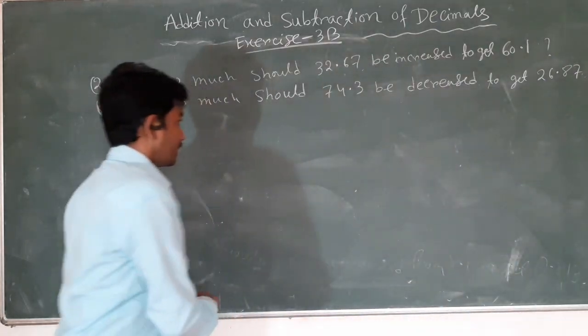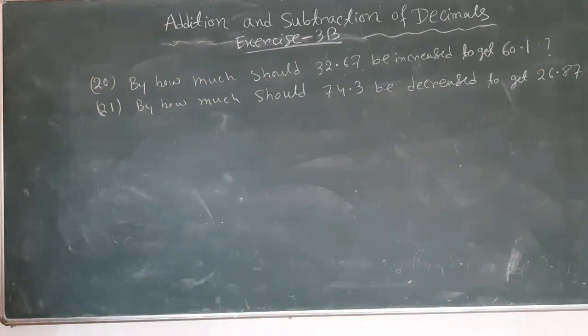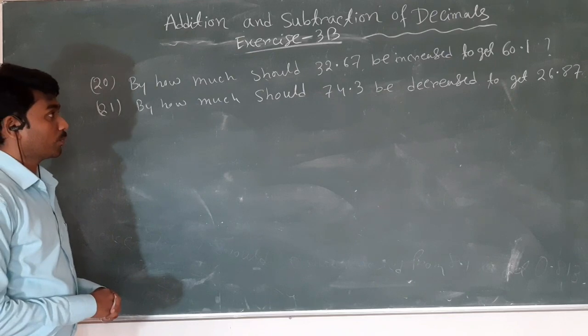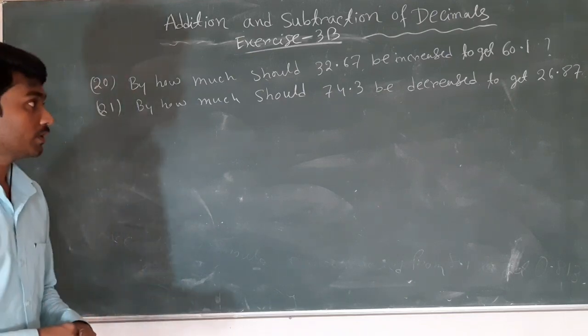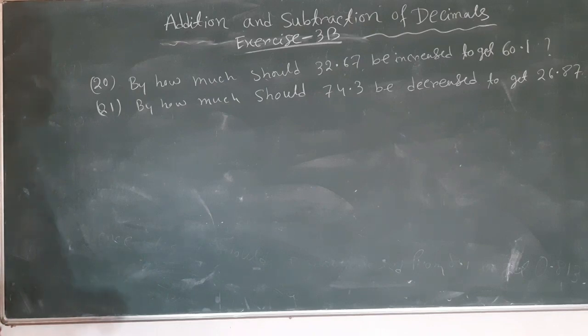So in this question, we have to increase 32.67 to 60.1. So what number should be added?